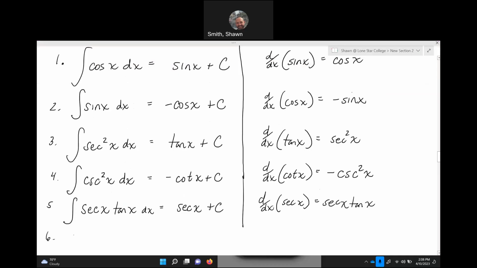Lastly, just cosecant, cotangent dx. This is your negative cosecant. I'm sorry, just your cosecant. I'm looking at the wrong one. This on the other side's negative. So this is your cosecant.